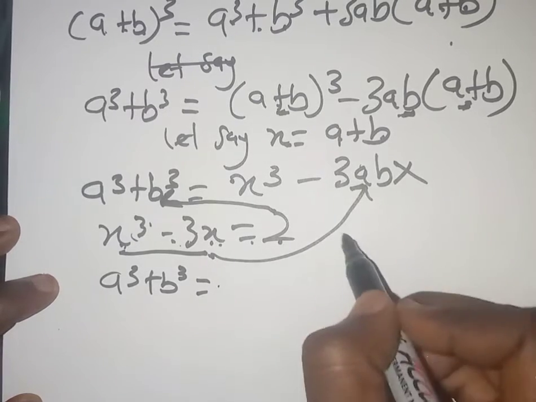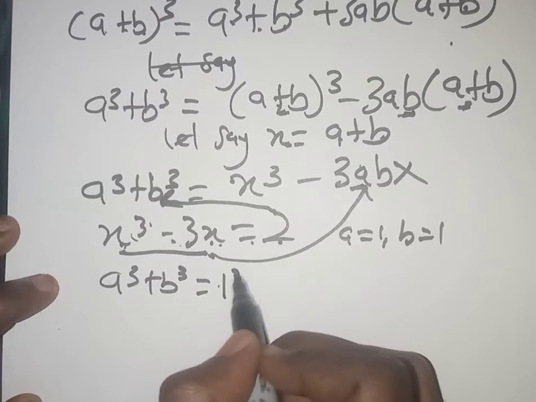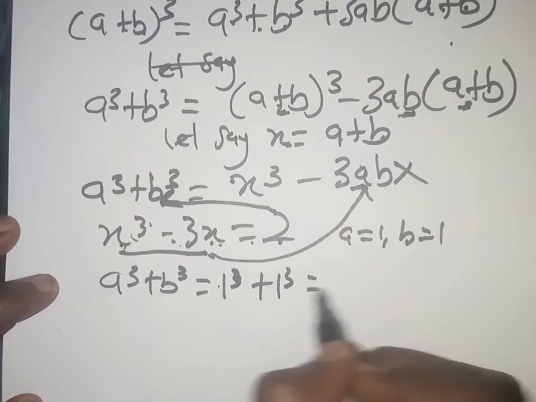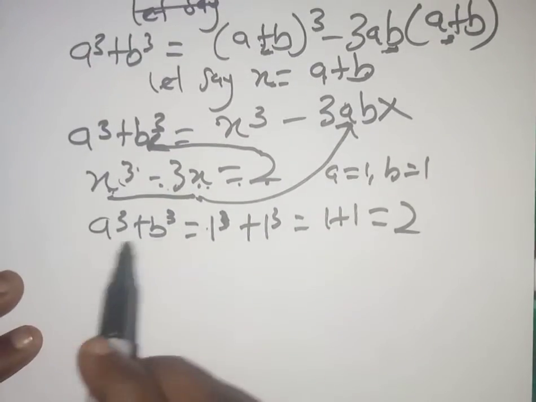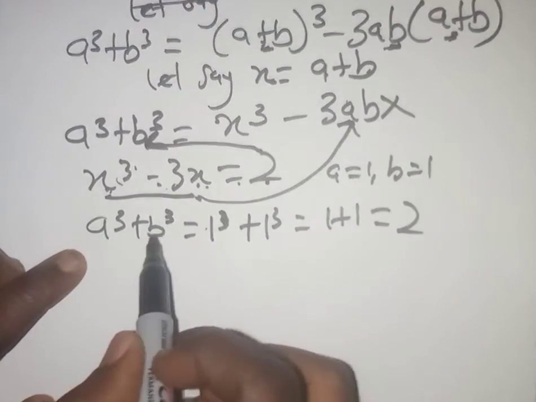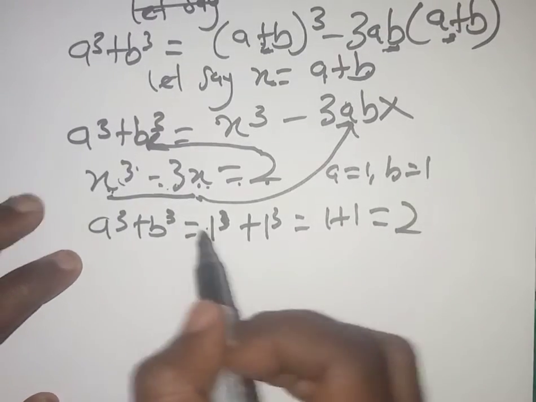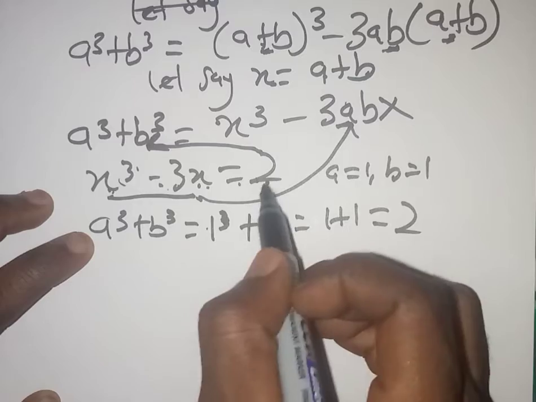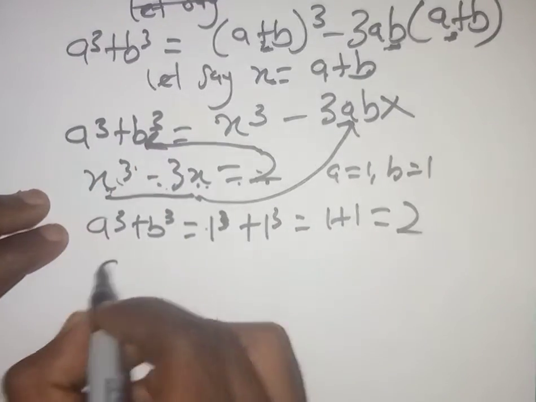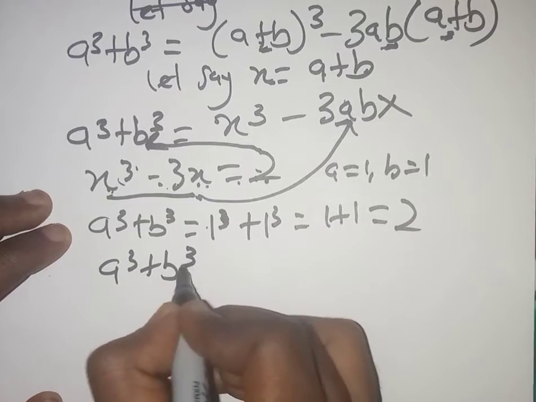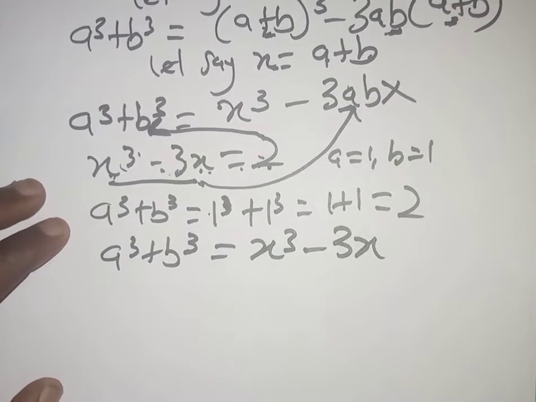So which means that a is equal to 1, b equal to 1, and then we have 1 cubed plus 1 cubed, which is equal to 1 plus 1 being equal to 2 in this case. So you realize that we have this to be equal to 2. So therefore we are safe to say that since this is equal to that, the a cubed plus b cubed here is also equal to s cubed minus 3s in this case, right?